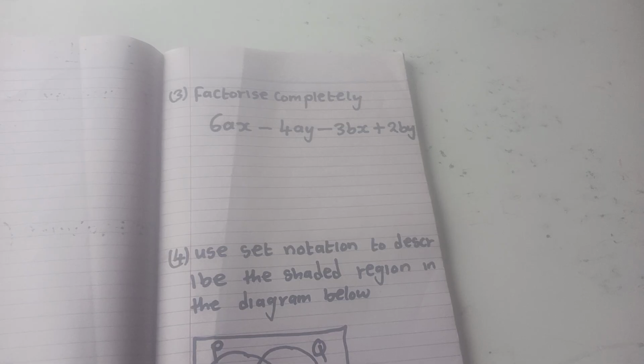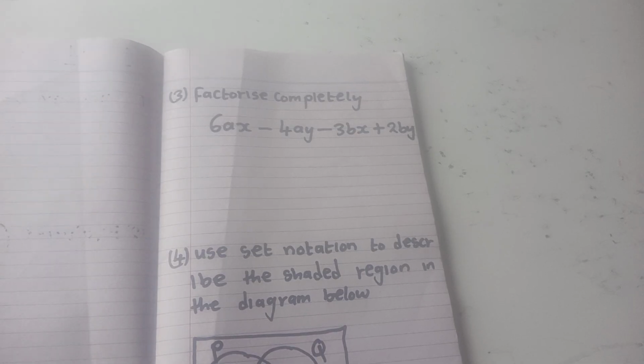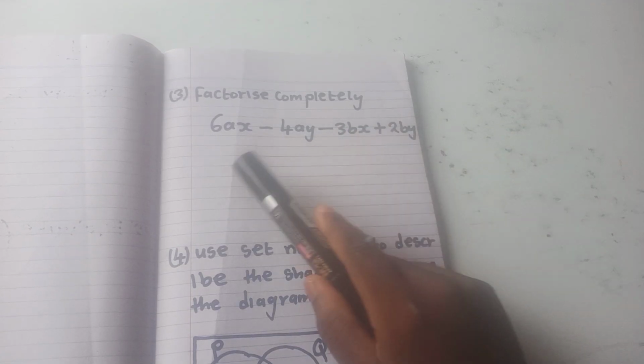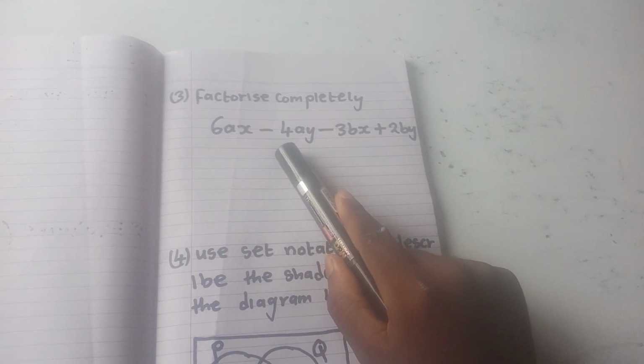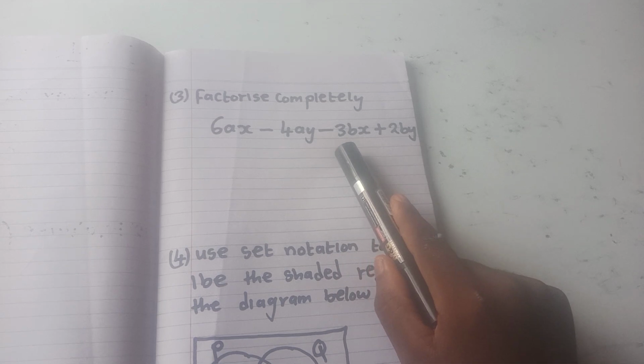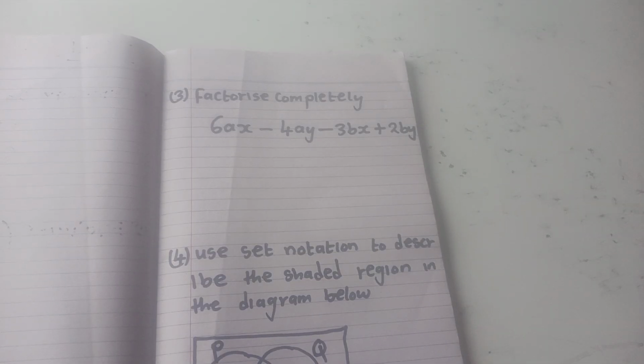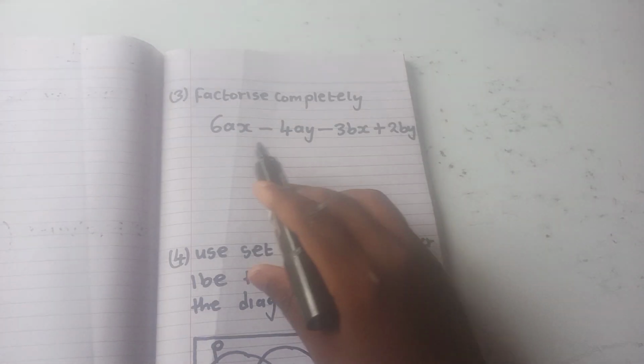We are now on question 3. And question 3 says, factorize completely. 6ax minus 4ay minus 3bx plus 2by. So once you are factorizing completely, you have to put things in mind. The first thing you do, you check out the numbers.